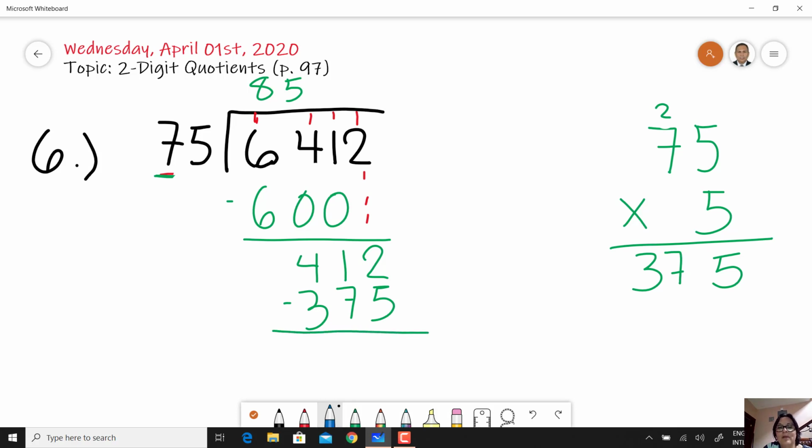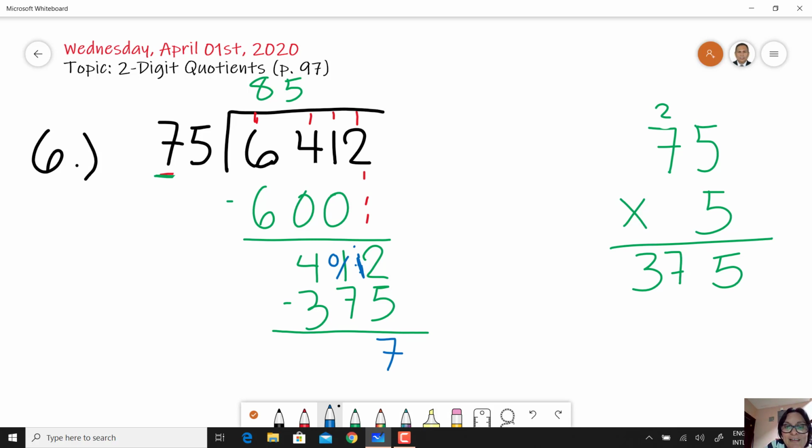Can you subtract 2 minus 5? No, right? So number 1, let's say unit 2, so 2 becomes 12. And number 1 becomes 0. So 12 minus 5, 7. Okay. And now, 0 minus 7 is not possible, right?